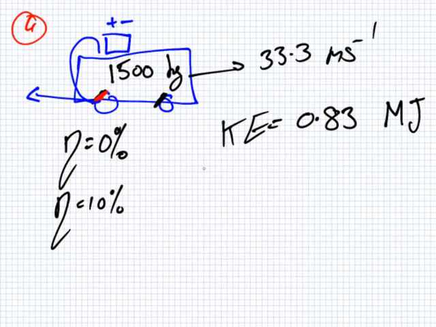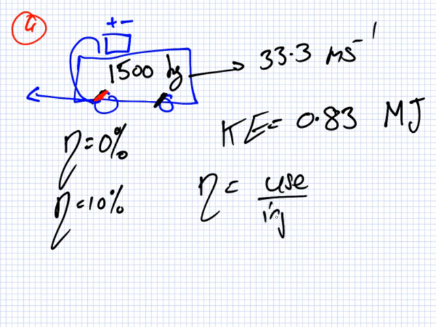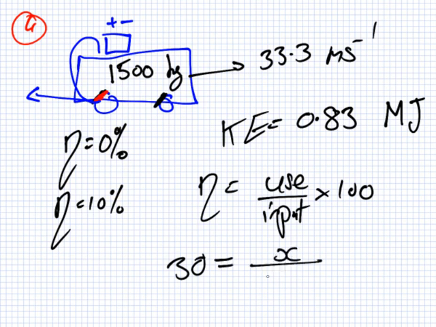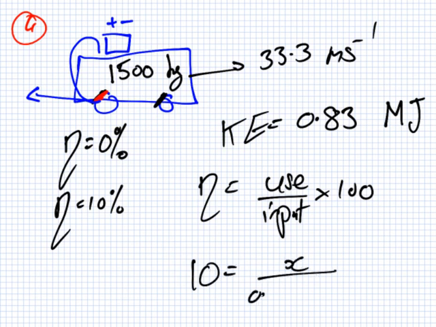So the formula is the useful over the input times 100 is the efficiency. So you have 10 equals x over 0.83 times 10 to the 6, times 100.